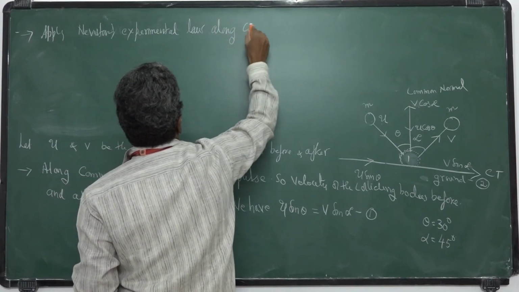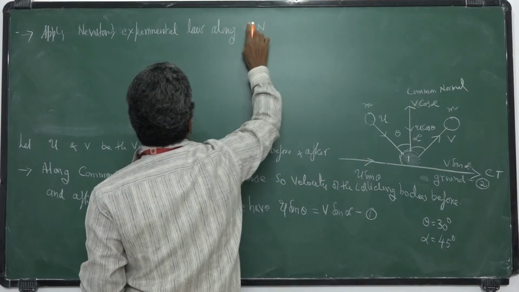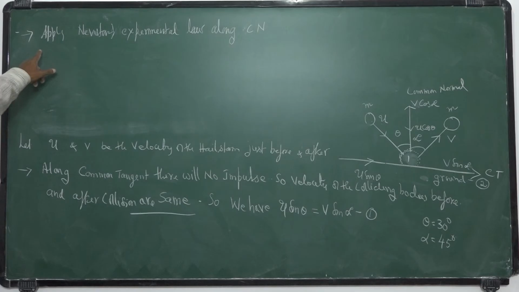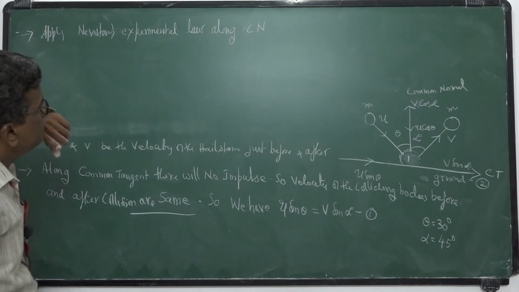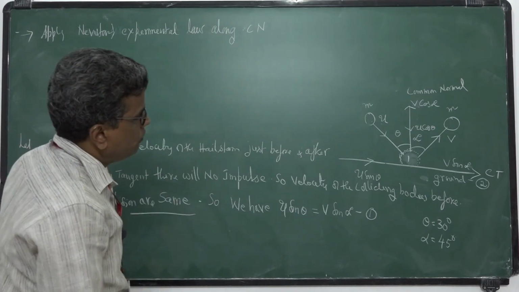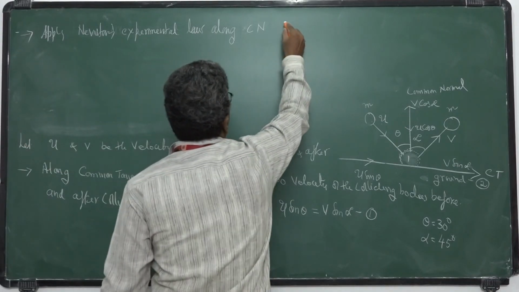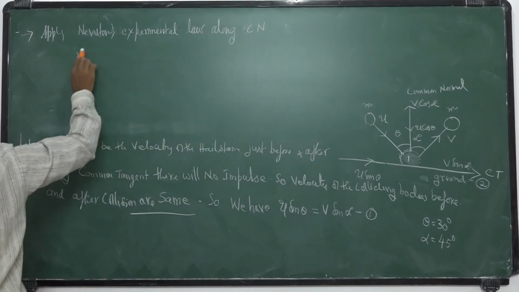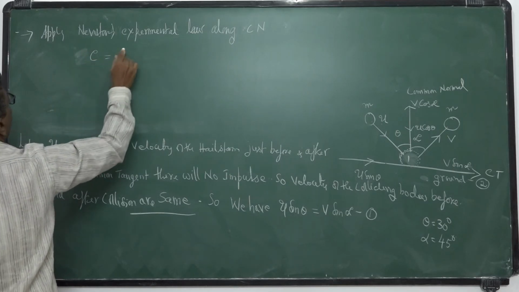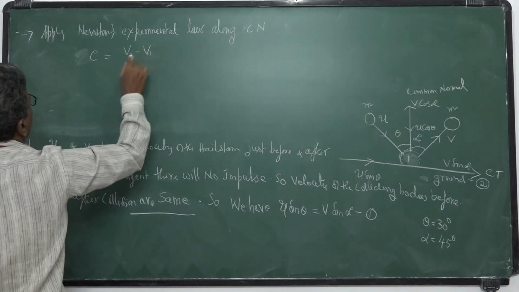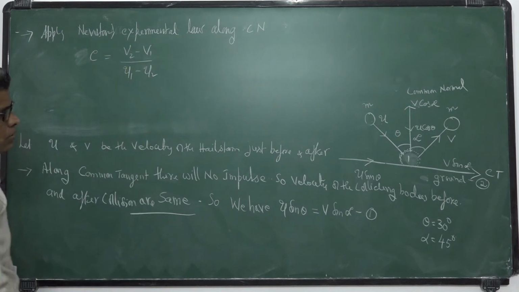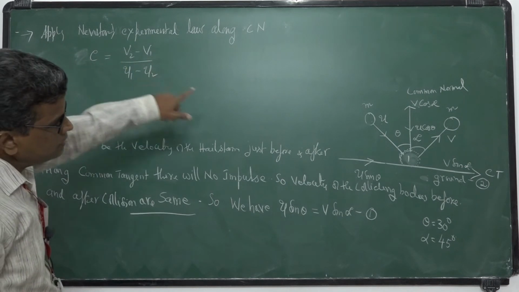It should be applied along CN only, because in the line of impact direction there will be impulse. If you apply it, e is equal to V2 minus V1 by U1 minus U2. It should be applied along CN.